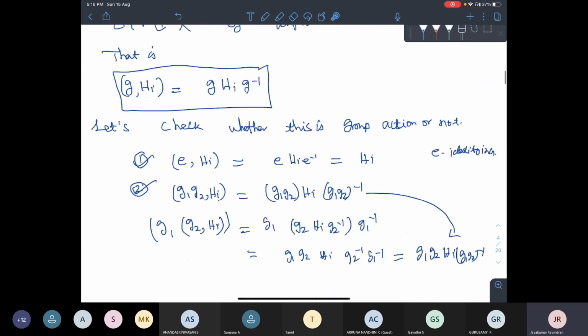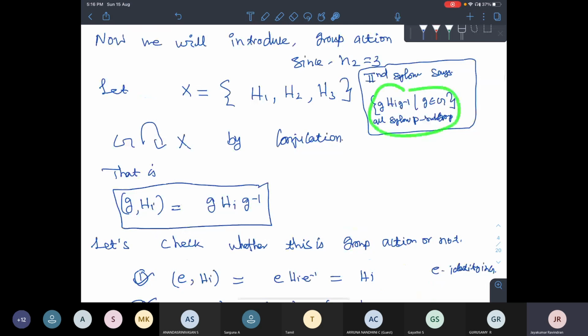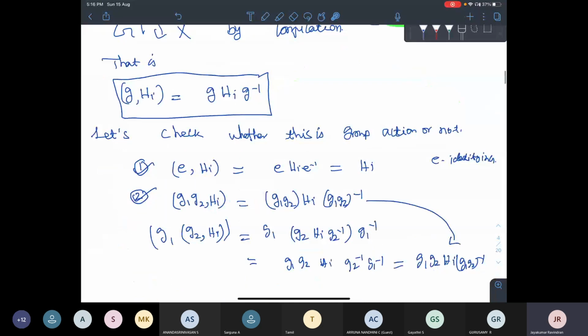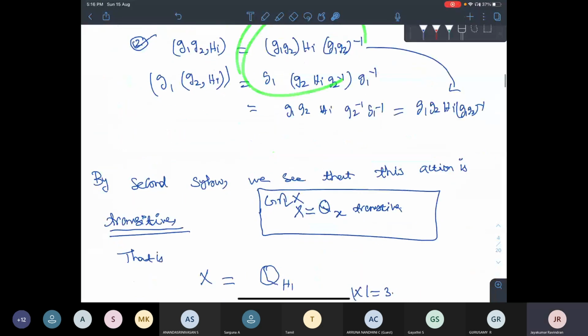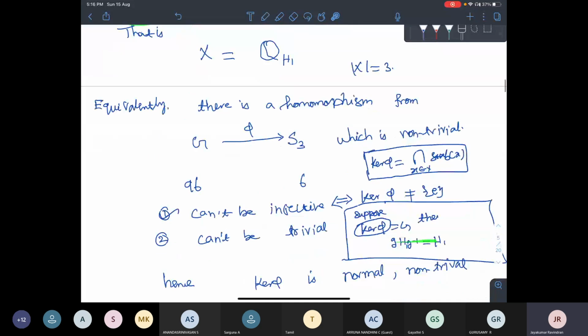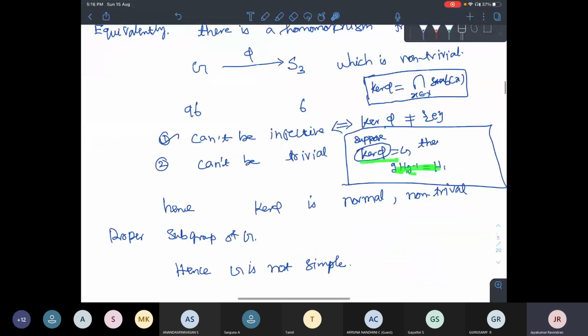Why? The second Sylow theorem says that you catch one, and then all the rest are just conjugates. That is exactly the meaning of transitivity. But if the kernel is total, the complete G, it will not do anything. It is a trivial action.